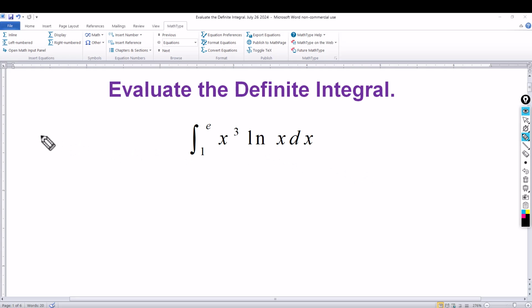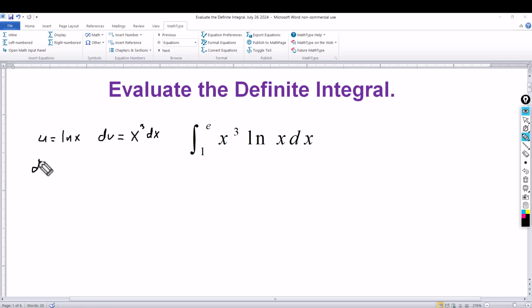So what I'm going to do here is let u equal ln of x, since that's the one I'll differentiate. And then the dv, I'm going to let that equal x to the third dx. If I don't have two functions in the integrand, then I can always pick one to be 1, and the dv could be, say, 1 dx or just dx.